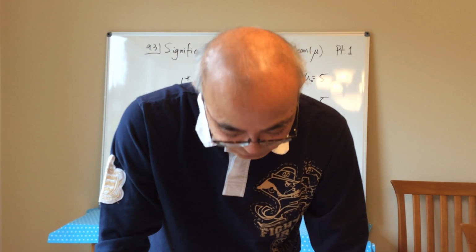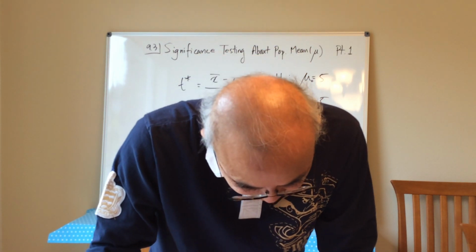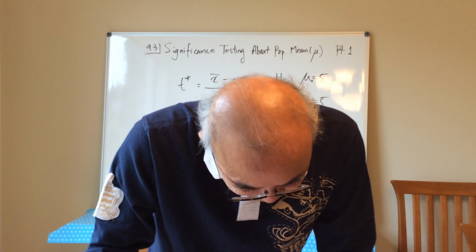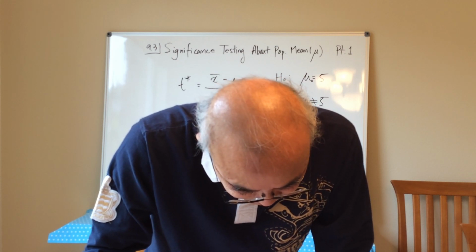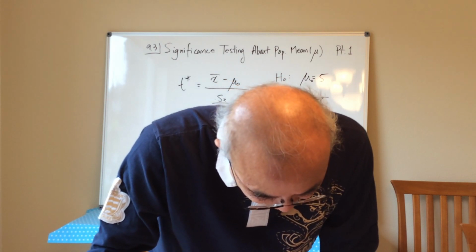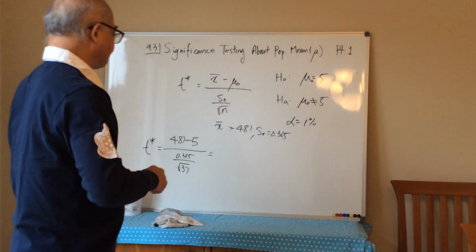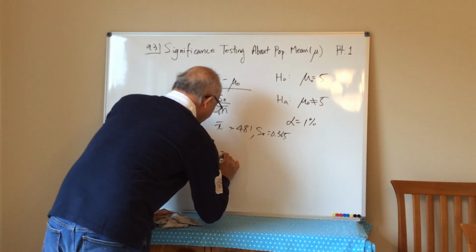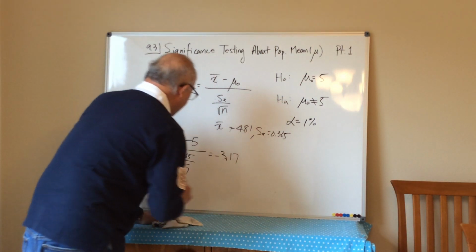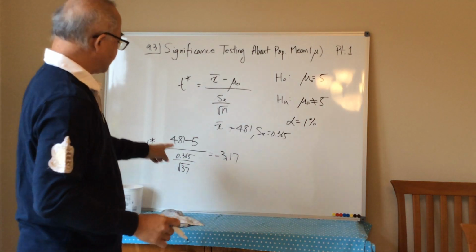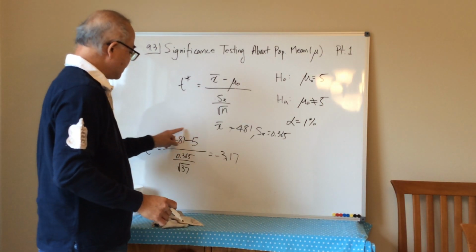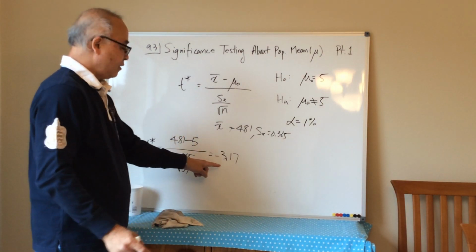Looks like I'm going to get 3.17. Actually, it's negative 3.17, right? Because this top is going to be negative, right?